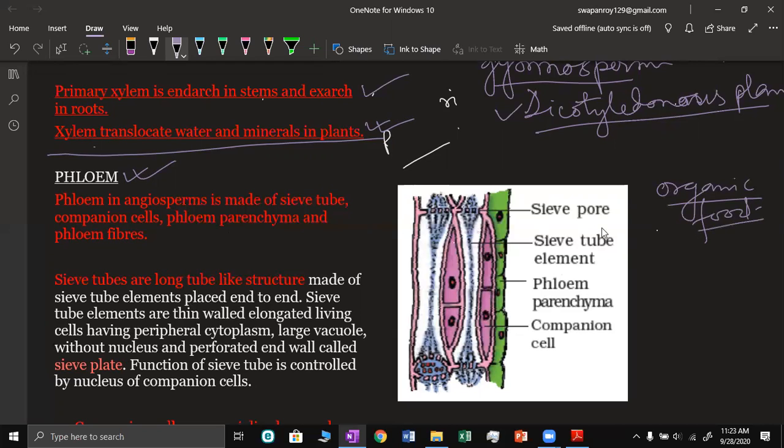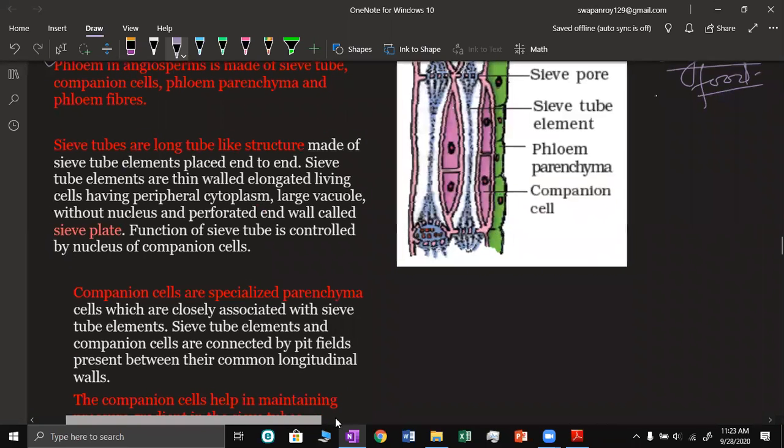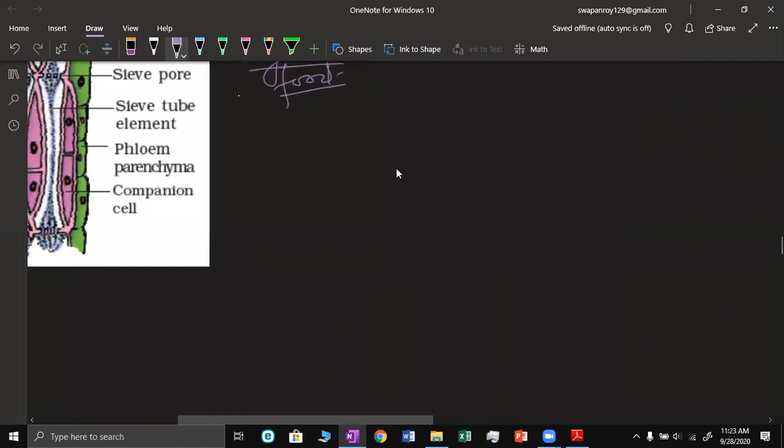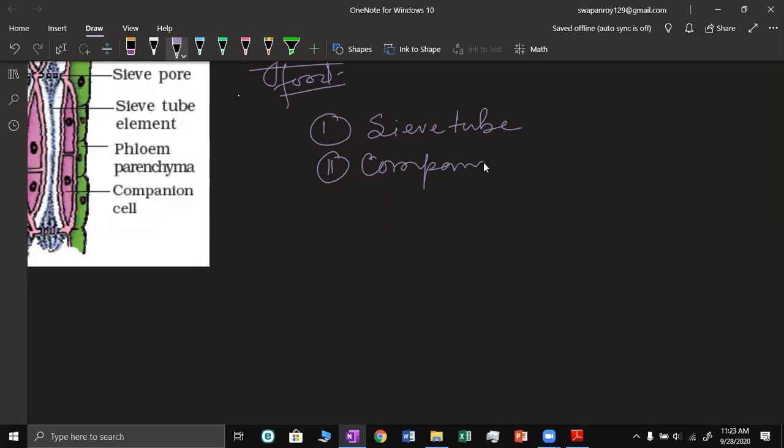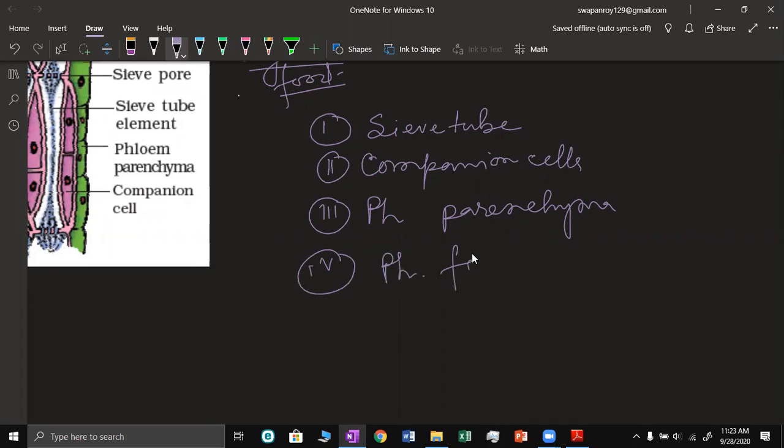In the phloem, the components are sieve tubes, companion cells, phloem parenchyma, and phloem fibers.